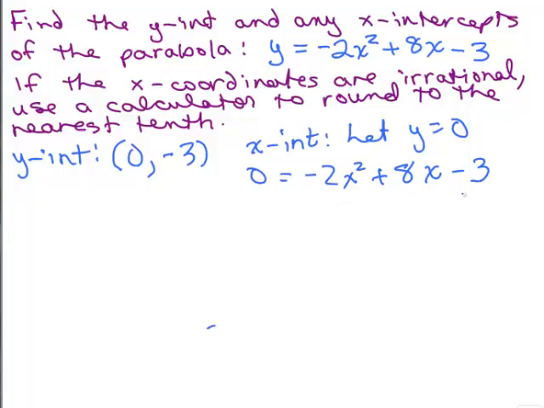One thing I might do is put everything on the left-hand side by adding 2x squared, so I'll have 2x squared on this side, subtracting 8x, and adding 3. I like it when a is positive 2 if I'm going to use the quadratic formula. You can either let a equal 2, b equal negative 8, and c equal 3, or you could let a equal negative 2, b equal 8, and c equal negative 3. Let's do it this way.